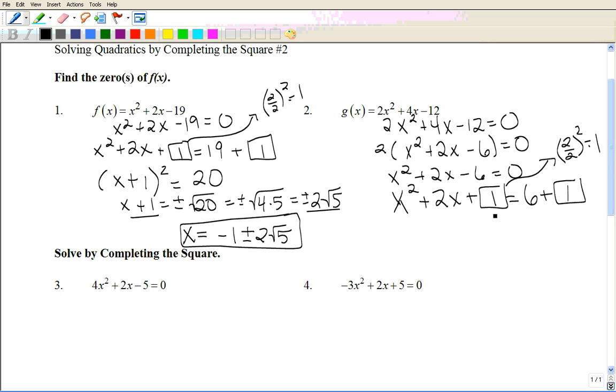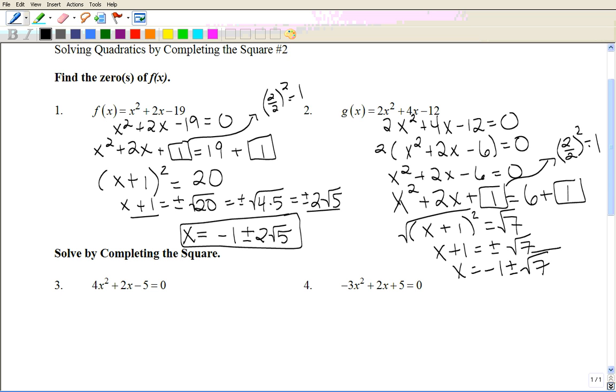My left-hand side is a perfect square trinomial, so I'm going to factor x plus half of b, which is 1, and then 6 plus 1 is 7. Take the square root of both sides, so I get x plus 1 equals positive or negative square root of 7. And last step, subtract 1 from both sides, so we get x equals negative 1 plus or minus the square root of 7.